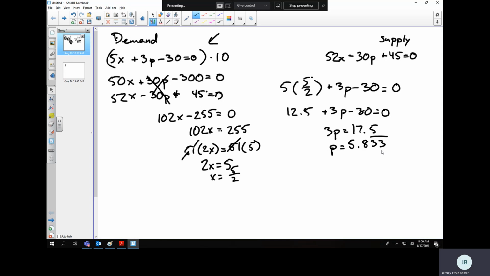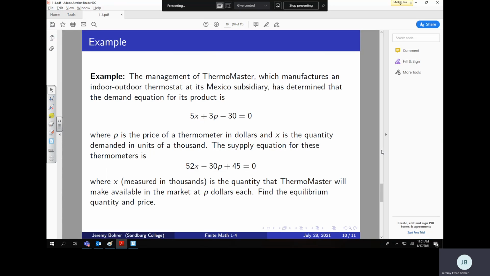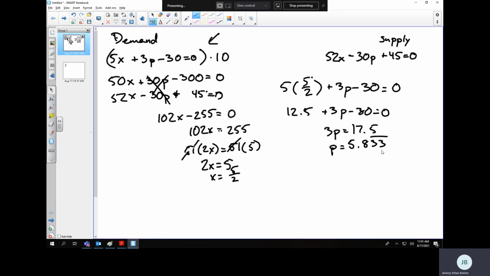What are we actually looking for here? We are looking for the equilibrium quantity and price. The equilibrium quantity is 2.5, for a price of $5.83.